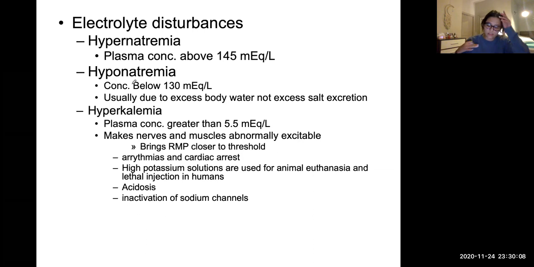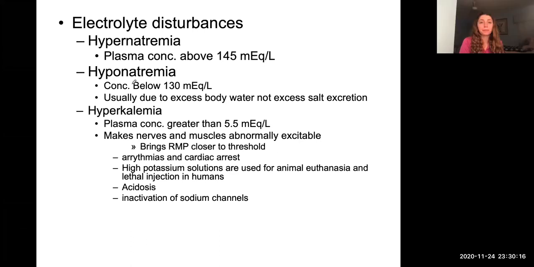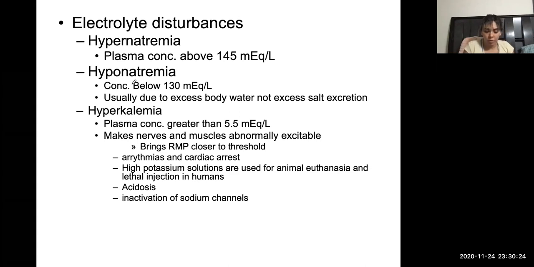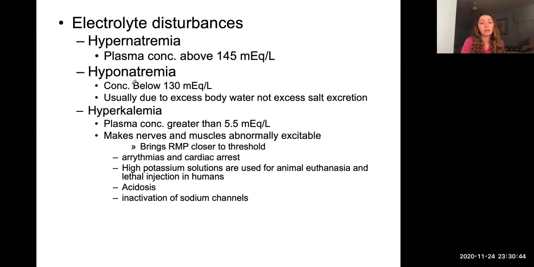Hypernatremia and hyponatremia have to do with salt. If you have an excess of salt, then you want to get rid of it. If you have below that amount, then your body will reabsorb it.